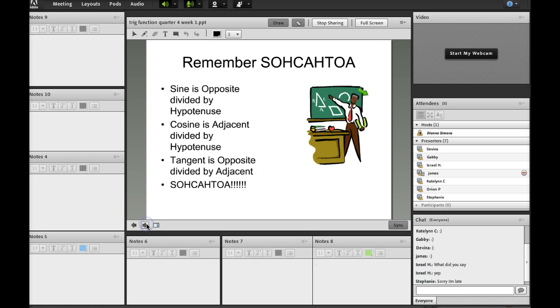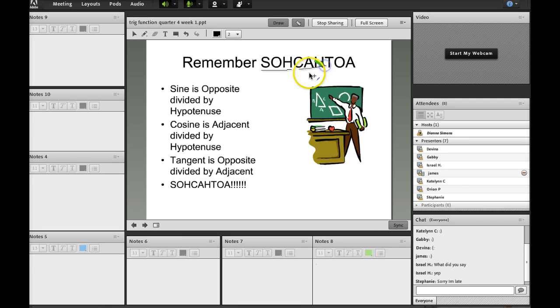One of the ways to remember this, you've probably heard it too, is SOHCAHTOA. This first part is sine is opposite divided by hypotenuse. If you remember that, whatever angle you're looking for, you look for the side opposite and then the hypotenuse.